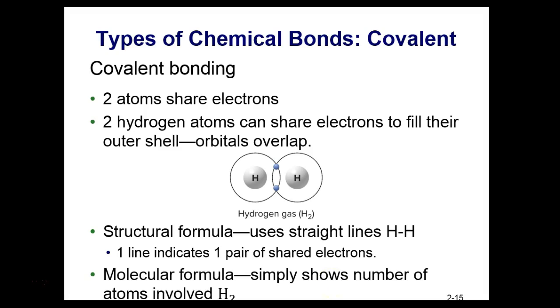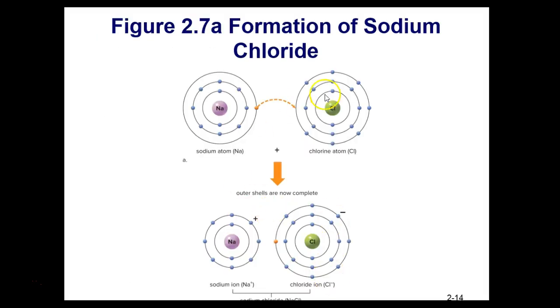Okay? So now let's talk about a covalent bond here. All right. So if you go back, the type of bond that's going to form between these two, let's find it in your textbook. Go to page 26, figure 2.7.